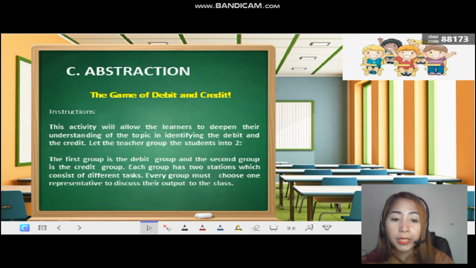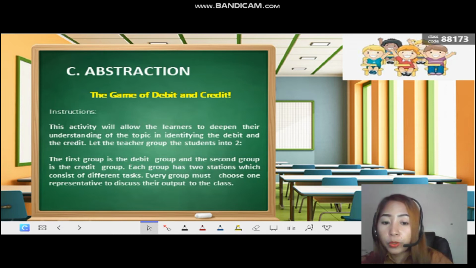The first group is the debit group, and the second group is the credit group. Each group has two stations which consist of different tasks. Every group must choose one representative to discuss their output to the class. Okay, do you understand our instruction of the game? Very good.